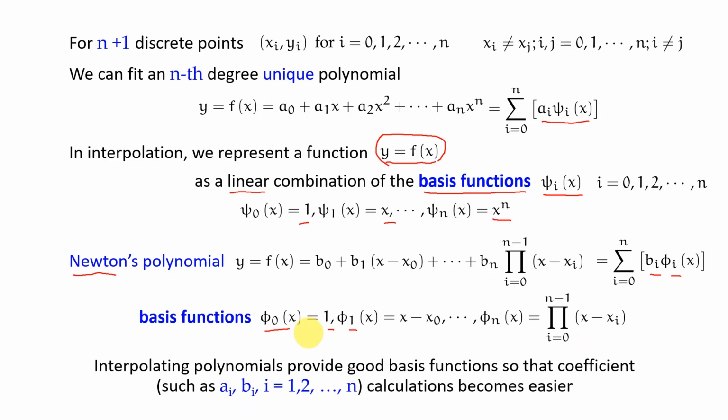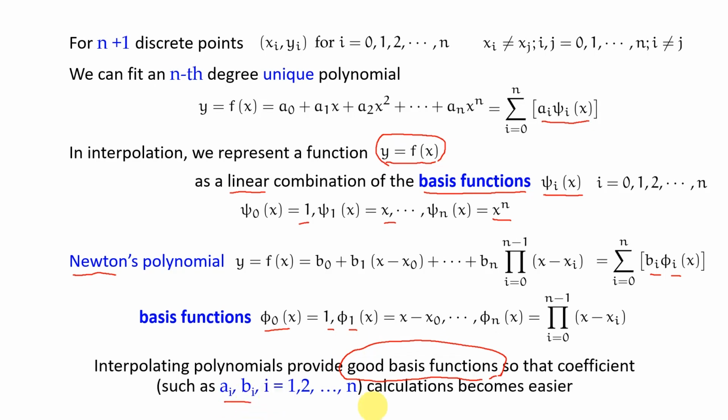So the idea is that as we leave the technique of inverting Vandermonde matrix and we use interpolating polynomial, what we are doing is that we are selecting good quality basis functions. They are good because they help us to get the coefficients easily.